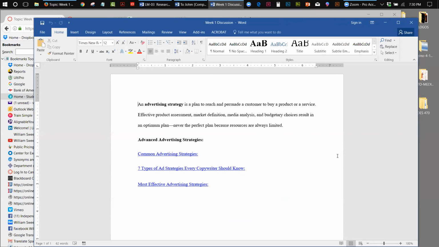Essentially what it's saying is, even though your resources are always going to be limited, it's up to you to find the most effective use of the limited resources that you have available to you. That's why it's really critical to understand what you can spend and where you can go to spend that money and get the most bang for your buck.